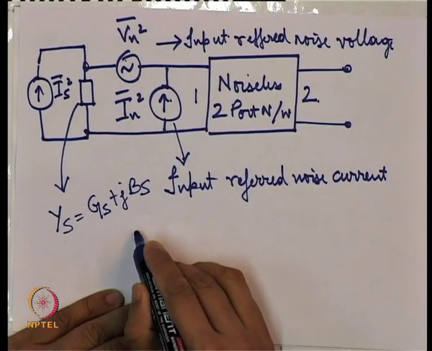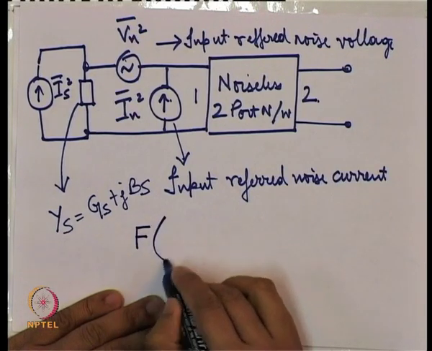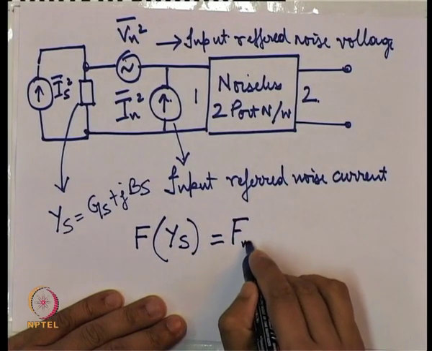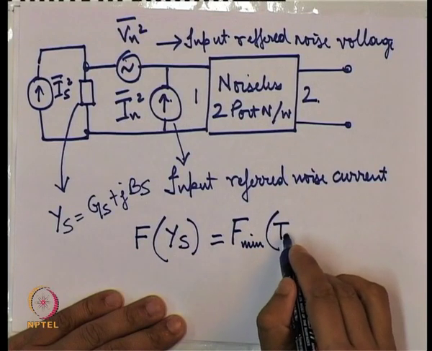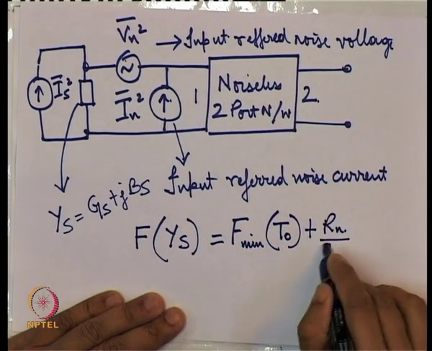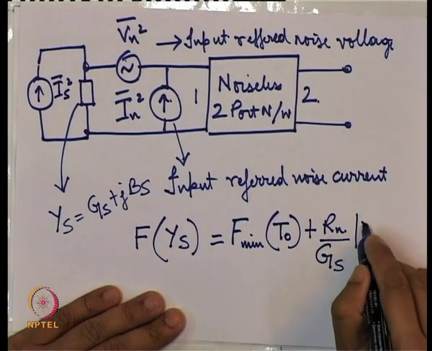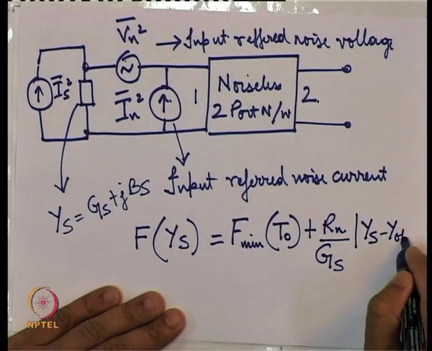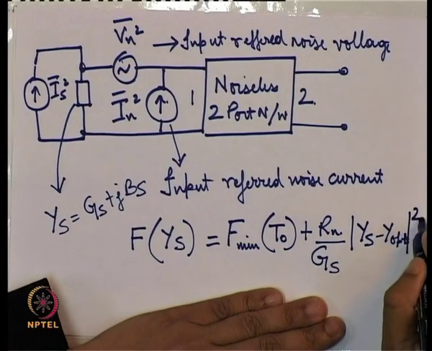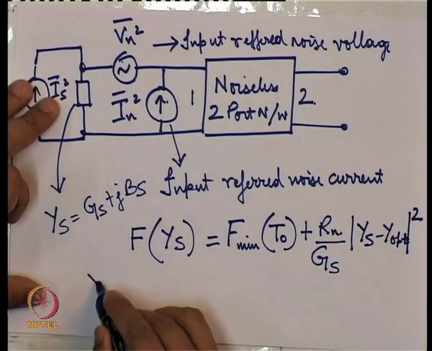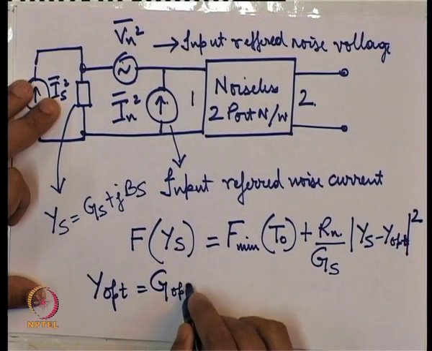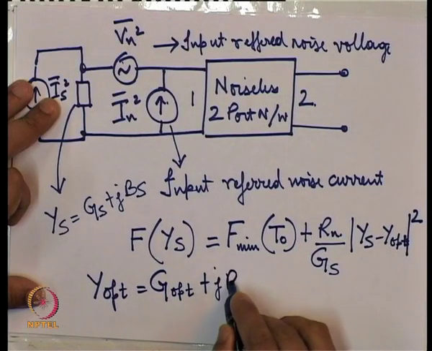Then it can be shown that the noise figure for a particular value of Ys is given by the following, where Y opt is equal to G opt plus j B opt.